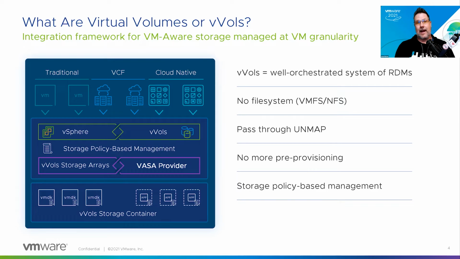Now, with that, there are some benefits, because with space reclamation, instead of it being passed down to another file system, the file system processing that and then sending it to the array, if the guest OS does an operation like trim or unmap, it gets passed directly to the array. So you get very efficient space reclamation with vVOLS.